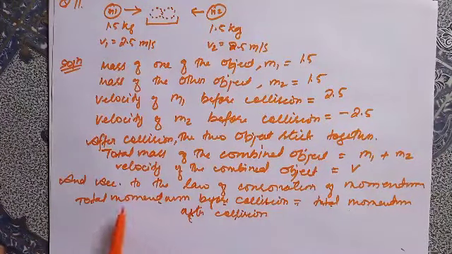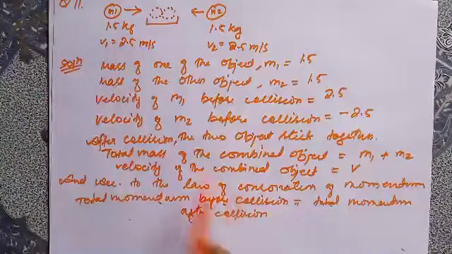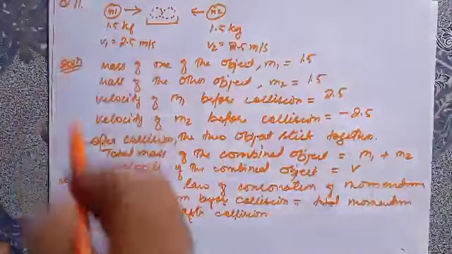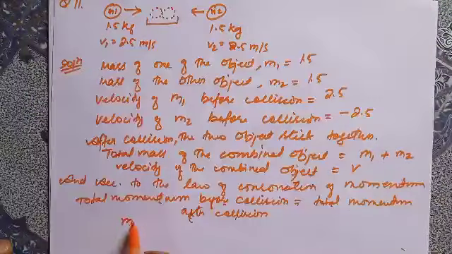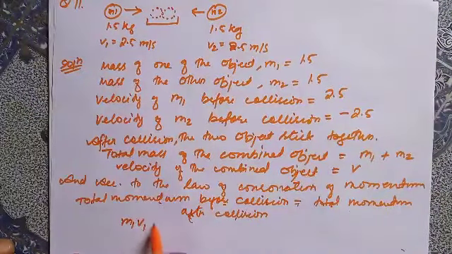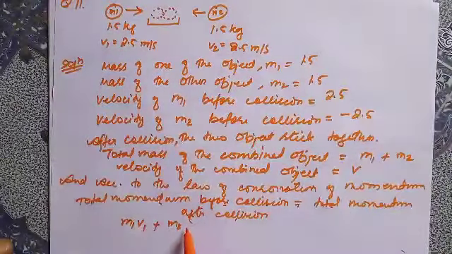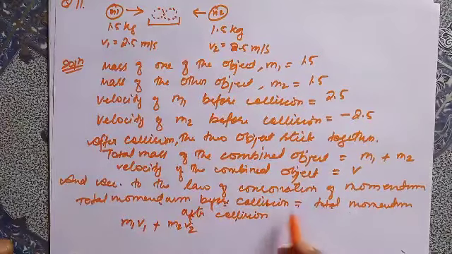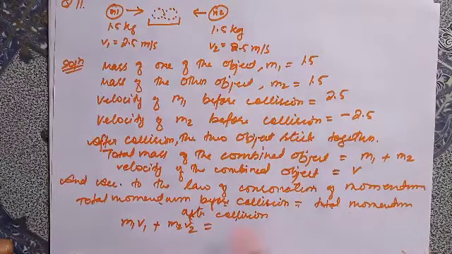So let us take the total momentum before the collision. So before the collision, the momentum of the first object is m1 into v1 plus the momentum of the second object is m2 into v2 is equal to total momentum after collision.